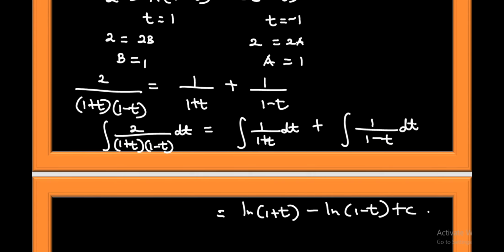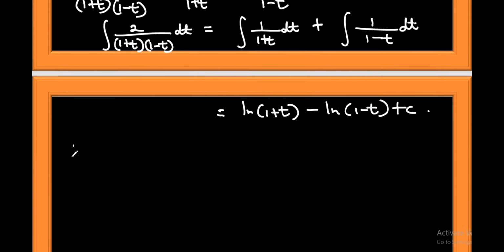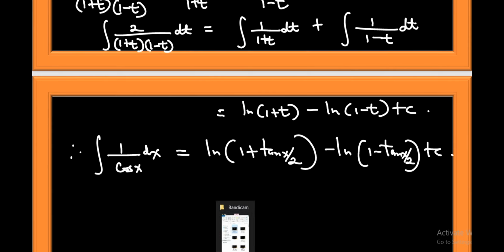So we can now go back and make our real conclusion from where we started, that in conclusion, the integral of 1 over cos of x with respect to x is actually equal to ln of 1 plus, remember our t was tan x out of 2, minus natural log of 1 minus tan x out of 2, and then plus a constant, and that becomes our result for this particular integral.